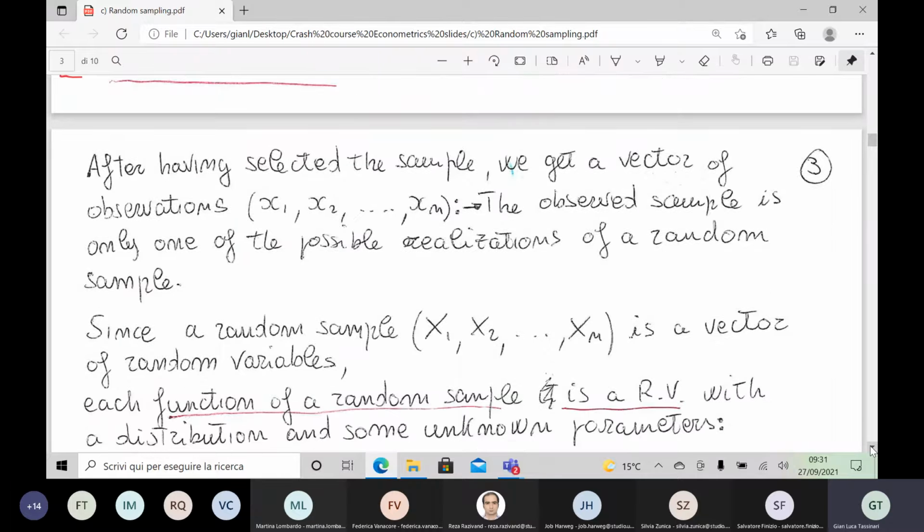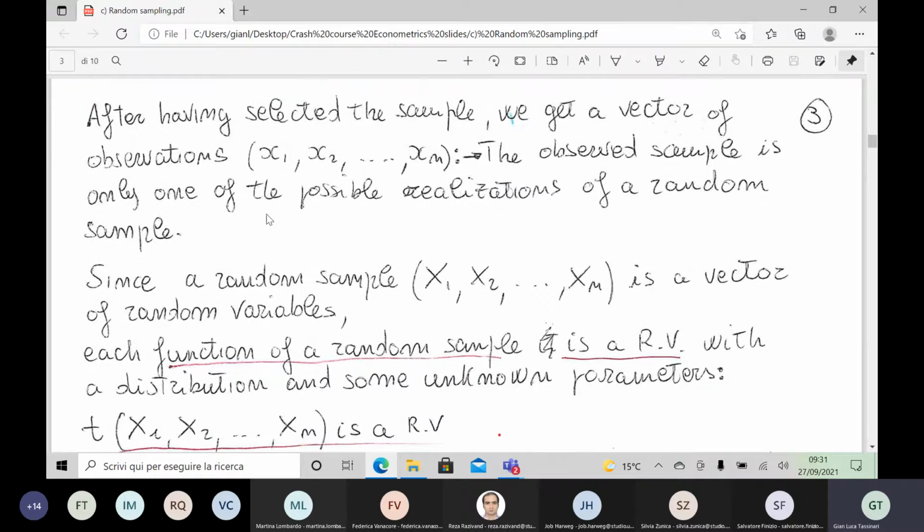So a random sample is a vector of random variables. Instead, the selected sample or observed sample is the observed vector of sample. I mean, these are observations.